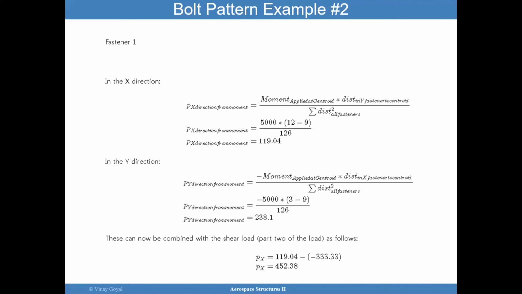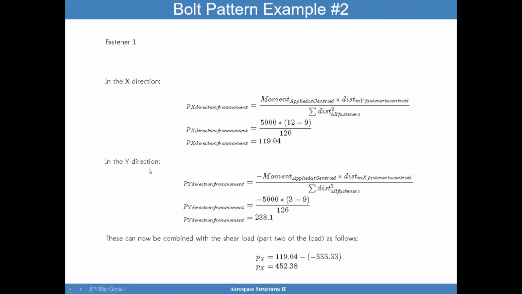In the x direction, we have the moment applied at the centroid times the distance to a fastener, divided by the summation over all the fasteners of the distance squared. That's 126, that's 5,000, and the distance for fastener number one is 3. That will give me a force in that direction for fastener 1 of 119.04.